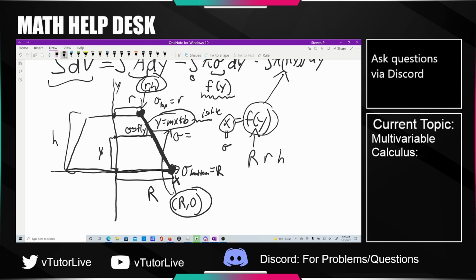If we're looking at the slope, I got h over little r minus big R. Yes, that's right. So I agree that slope should be h over r minus R. And the intercept will probably also have to depend on something like that too, right? You'll have to figure out what the intercept is as well.